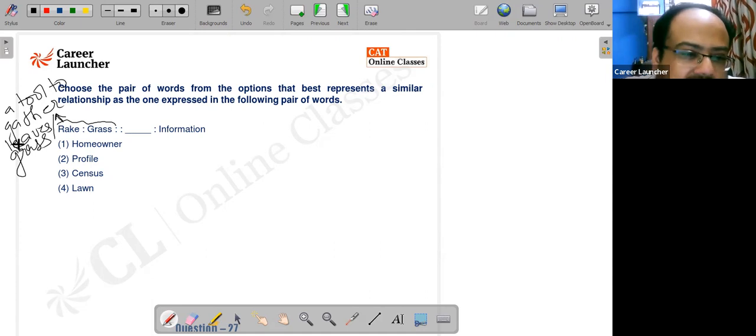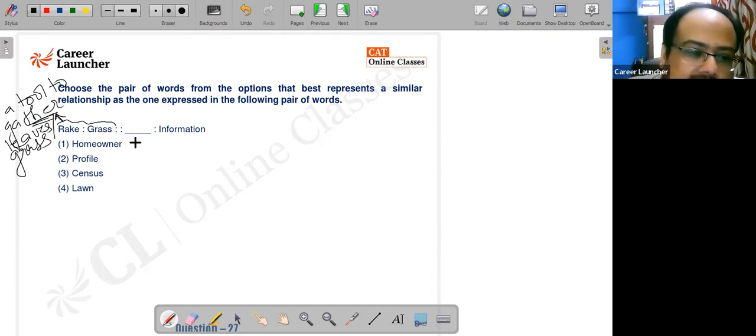If there are a lot of leaves or grass on the road and someone uses a tool to brush it away or collect it together, that tool is known as a rake. So a rake gathers leaves or grass.